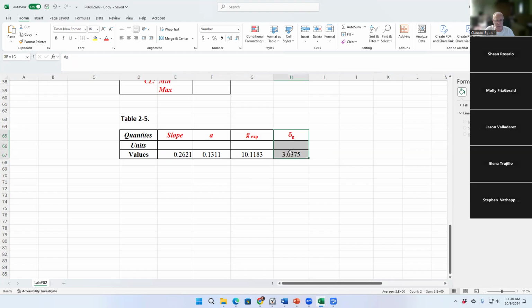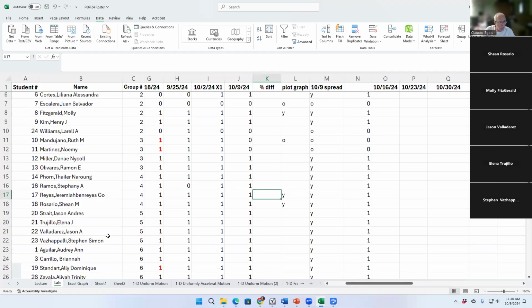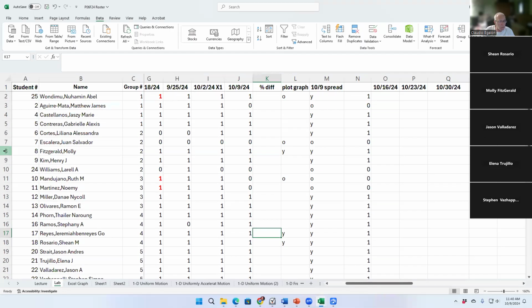And what are you getting for the percentage difference? 9.0851. Okay, 9.085, right? Percent. Okay, that's good. Less than 10%. We are in good shape here.